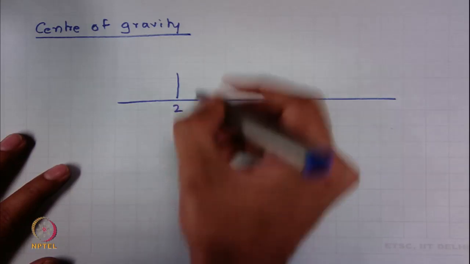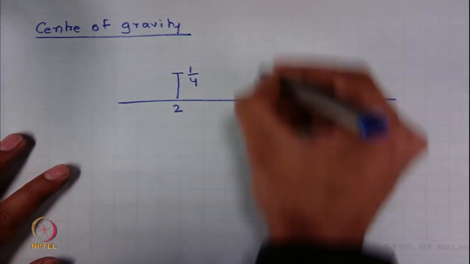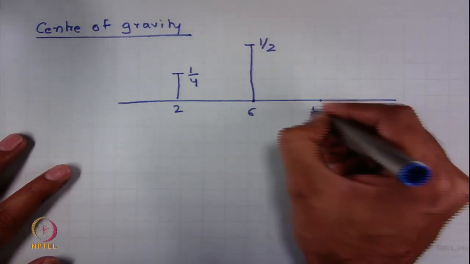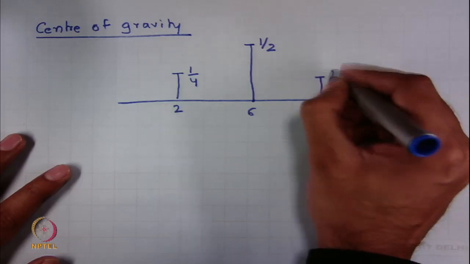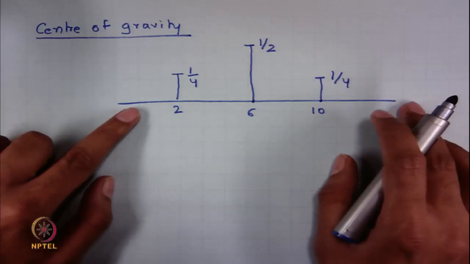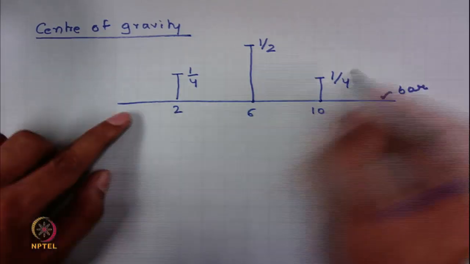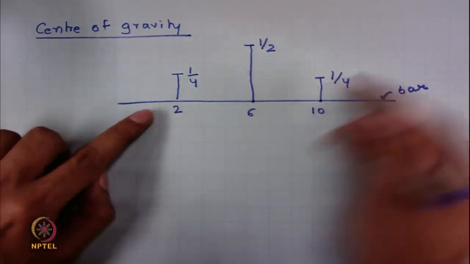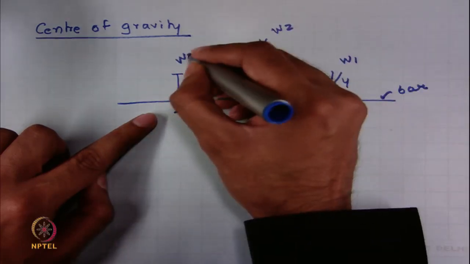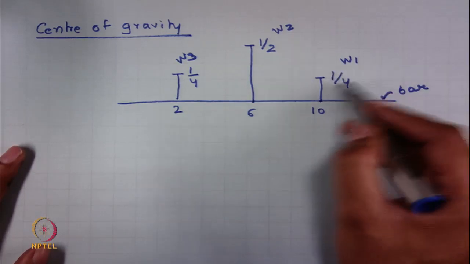So, I had 2 and the value of probability was 1 by 4, I had 6, the value of probability was half, I had 10, the value of probability was 1 by 4. So, this is just repeating the diagram that we had. If you think of this as a bar and these as some kinds of weights, I have weights W 1, W 2 and W 3, and this 1 by 4 tells me the weight that you have put on this bar.